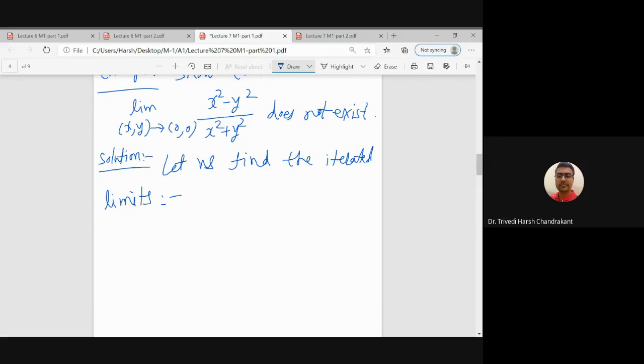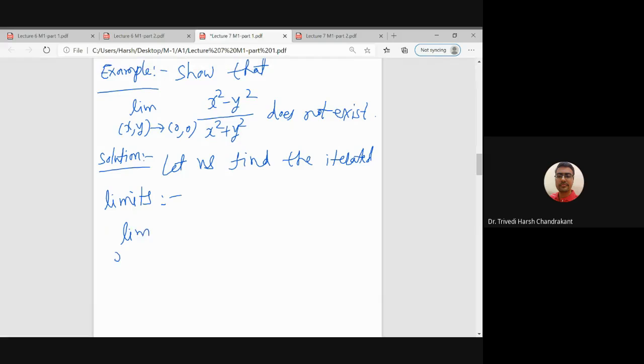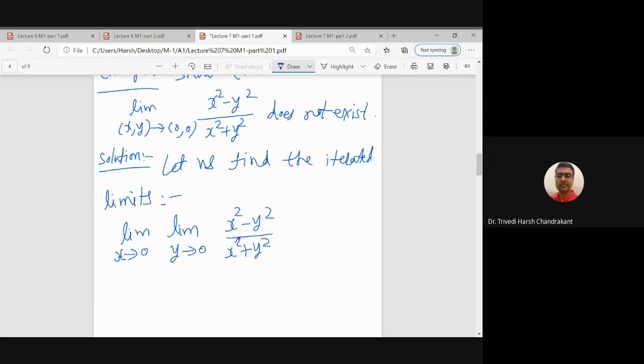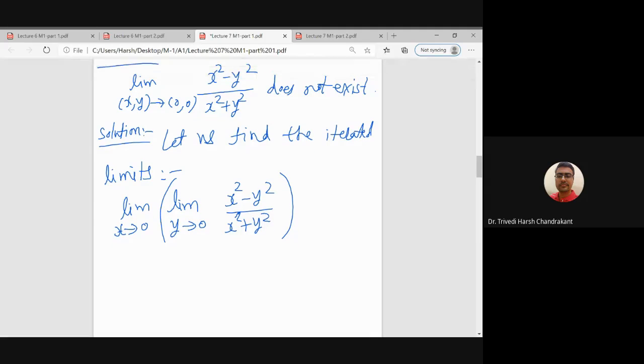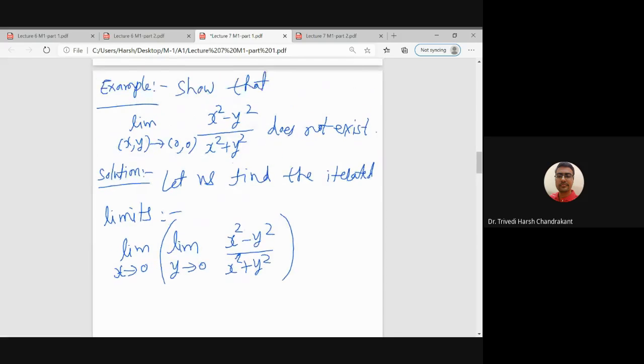The first iterated limit is limit x tends to 0, limit y tends to 0 of the function, which is (x² − y²)/(x² + y²). Essentially this limit means there is a bracket here. First we will apply y approaches to 0, and then whatever we get, we will apply x tends to 0 on that particular function.